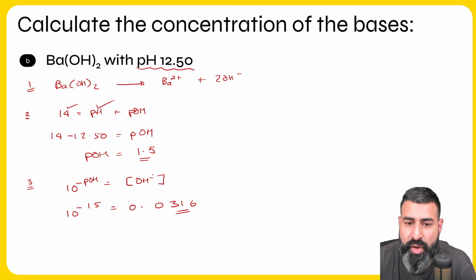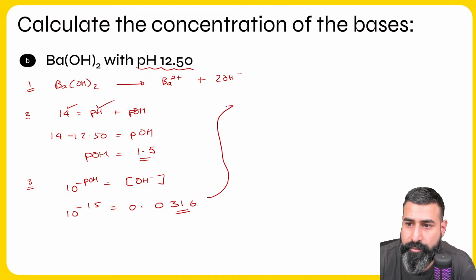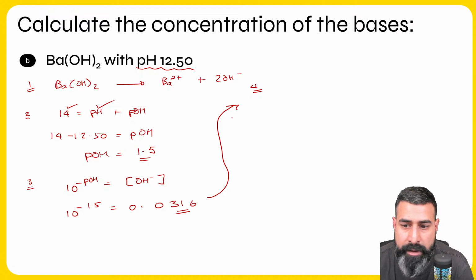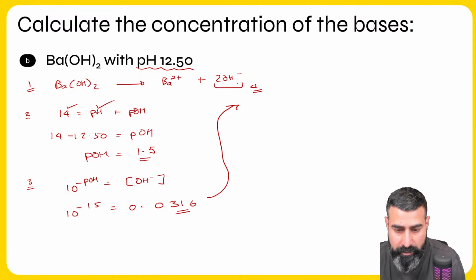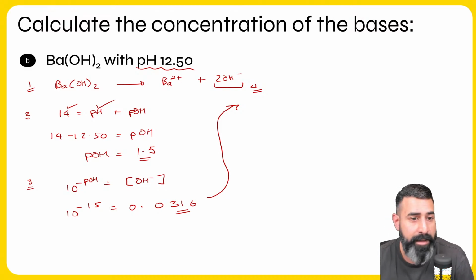Okay, so part 4. Johnny guessed, excellent. Sammy, excellent, good. So we've got the hydroxide ion concentration because I just worked it out. Just going to double check that I'm doing this correctly. Yeah, that is correct so far.